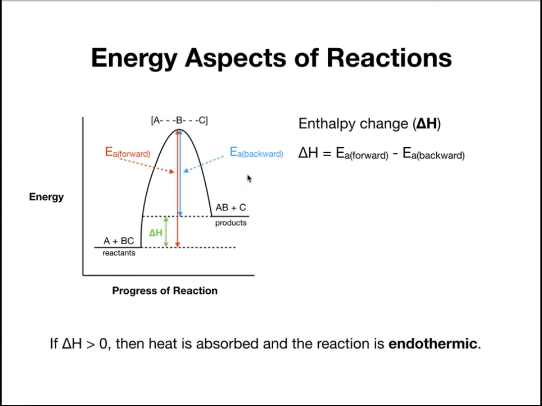In this case, we get a positive delta H. Okay, so if delta H is positive, then heat is absorbed and the reaction is endothermic. Okay, so you're either going to have an endothermic reaction or an exothermic reaction. Okay, so in an endothermic reaction, the energy of the products is greater than the energy of the reactants.